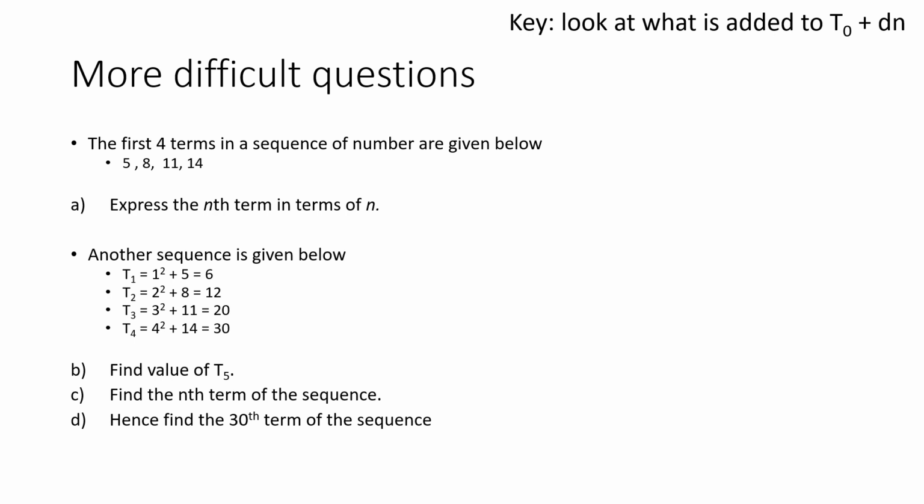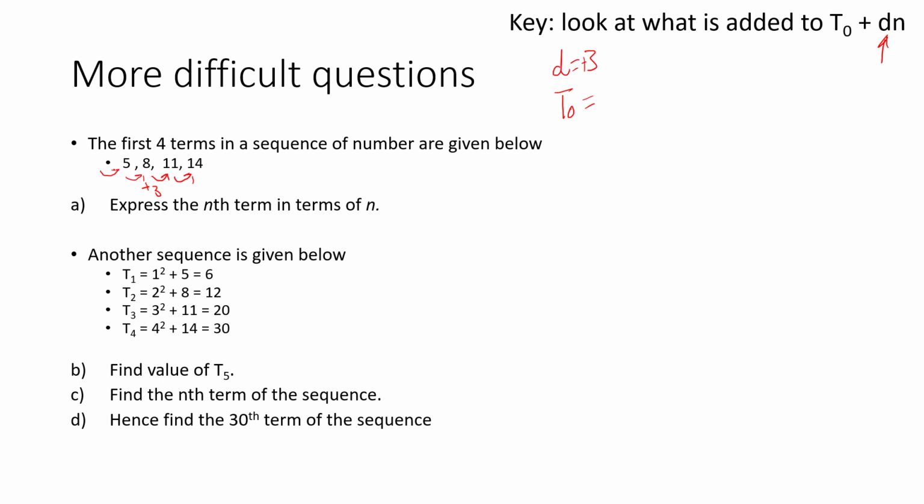And to do this, what we need is the information of what is the common difference. So you can see that from 5 to 8, 8 to 11, 11 to 14, everything is plus 3. So we know that d is equal to plus 3. The common difference is plus 3. The next information that we need is what is term 0.